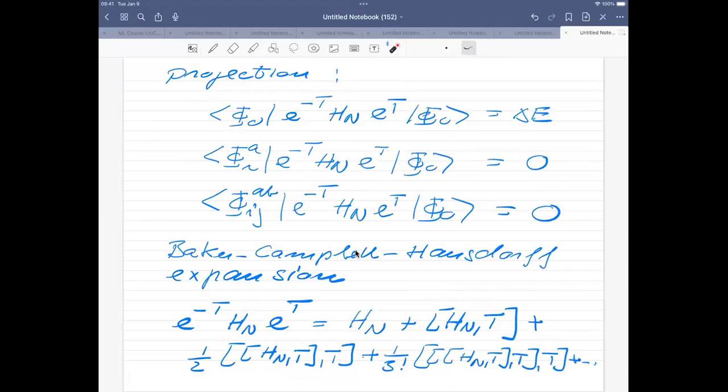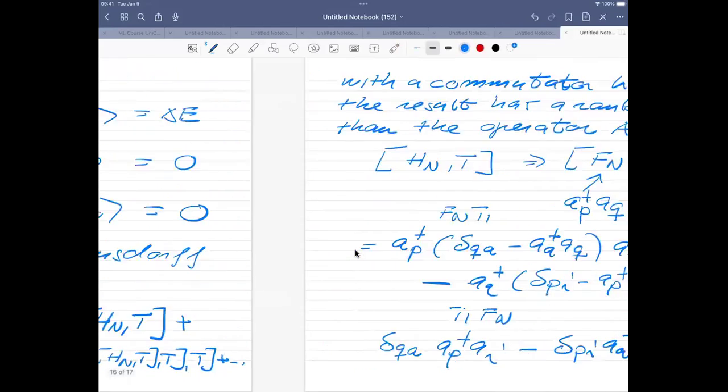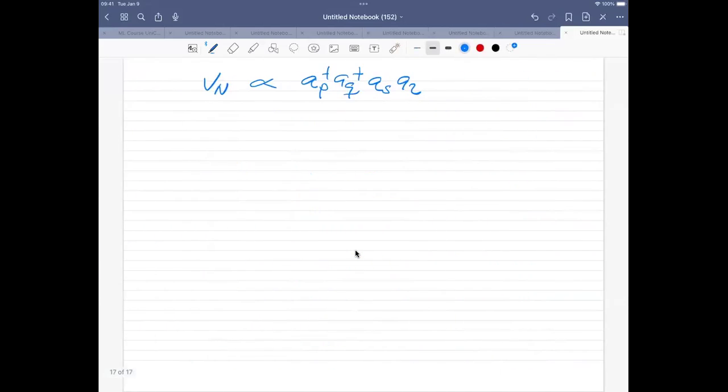So that means that when I now set up the contribution to the energy, due to the specific properties of the commutators and the operators which I have, this delta E is now going to be given by phi 0, h of n, and then phi 0.